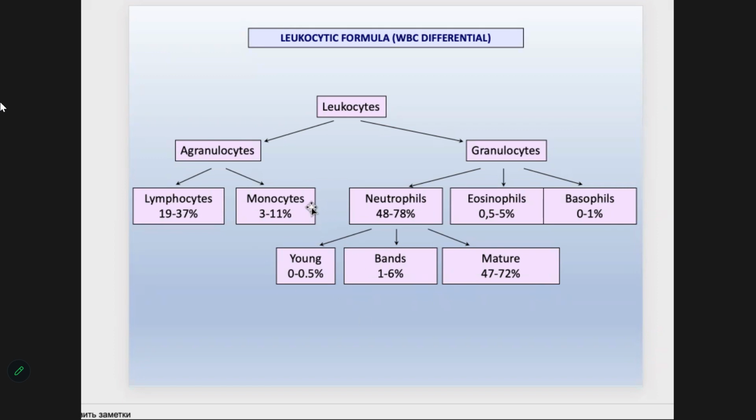It is an increase of young and band neutrophils and a decrease of mature neutrophils. We can meet a left shift during bacterial inflammation in the organism of our patients. So neutrophils: segmented nucleus, and specific granules with antibacterial substances.